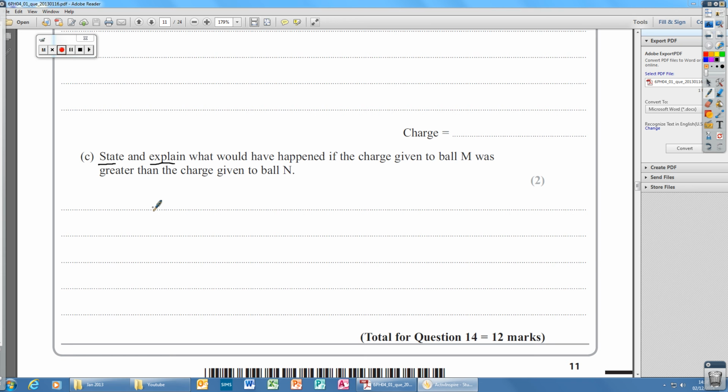If I begin by stating what's going to happen, the first thing is that M and N are going to move further apart. That's the state part of this.